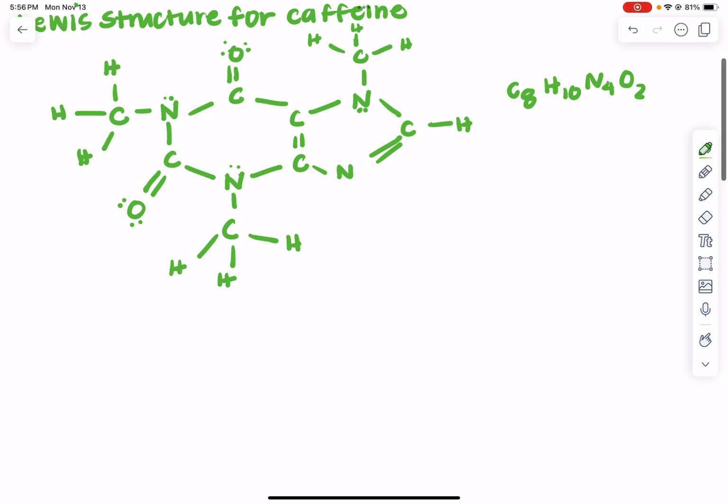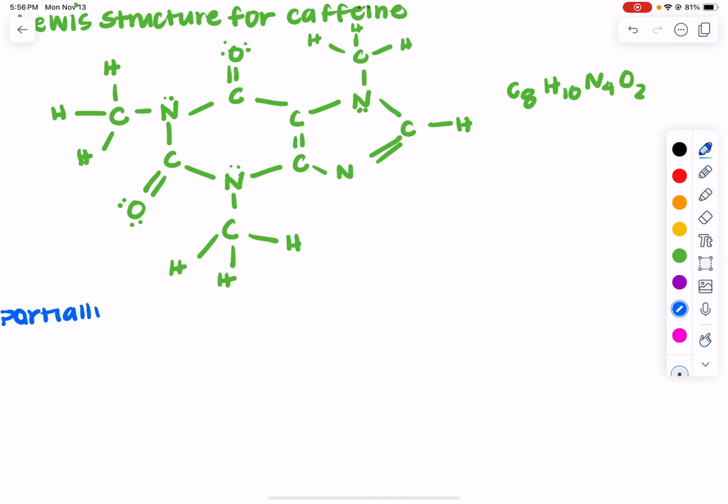So now that we have the Lewis structure for caffeine, let's go ahead and draw the condensed structure. And let's make our lives easier and just do partially condensed.